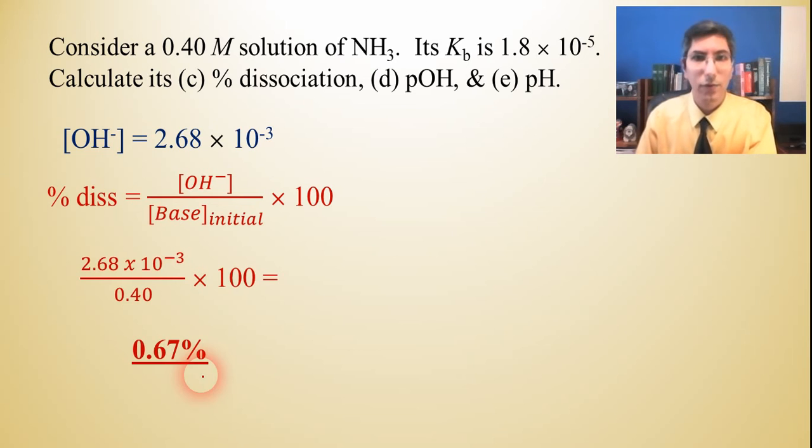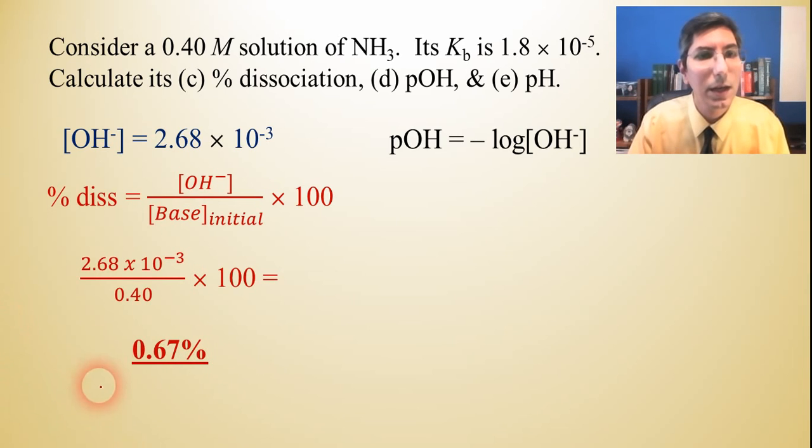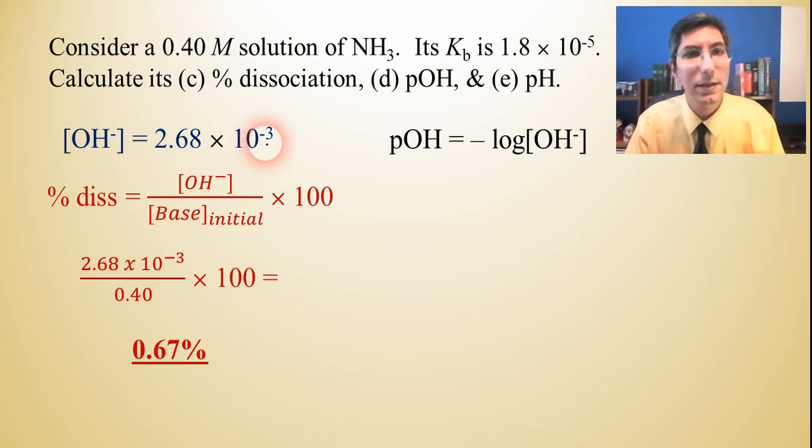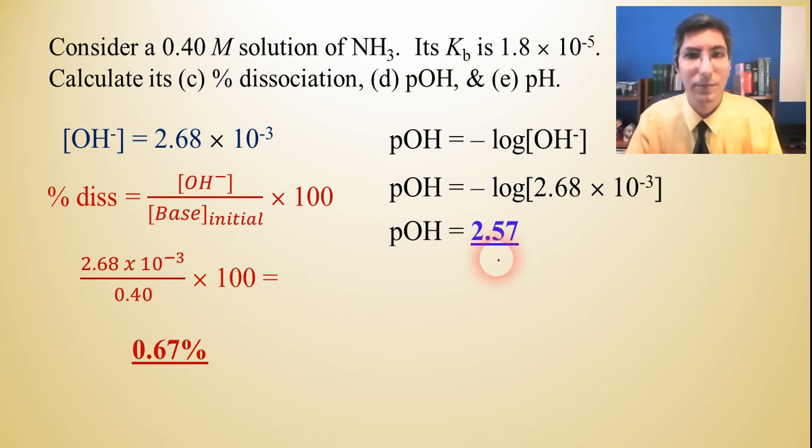Now, what about part D? It's pOH. Well, remember, pOH is just the negative log of the hydroxide concentration. So we're going to take the hydroxide ion that we calculated earlier, the 2.68 times 10 to the negative third, and take the negative log of that. And when we key that into our calculator, the answer is about 2.57.